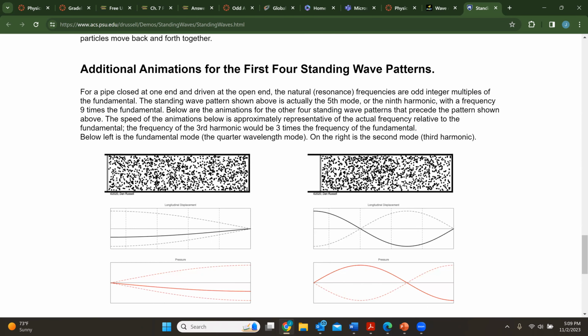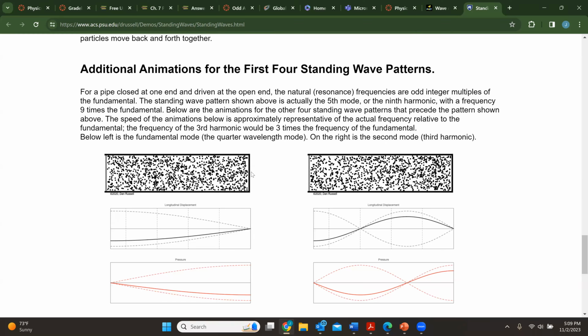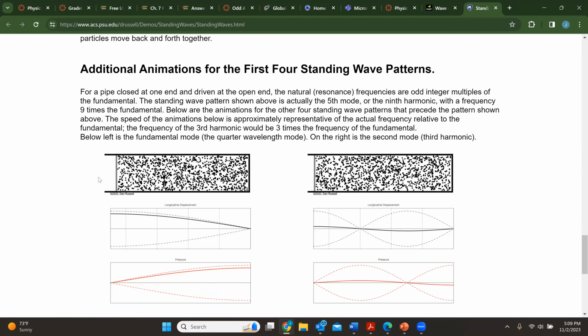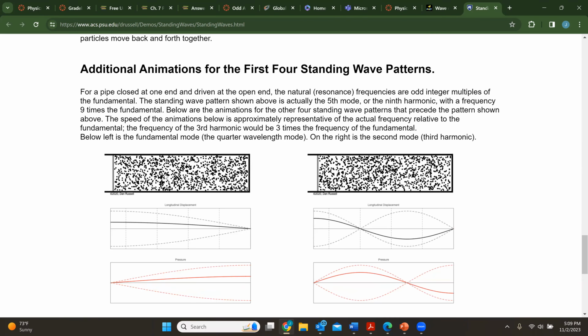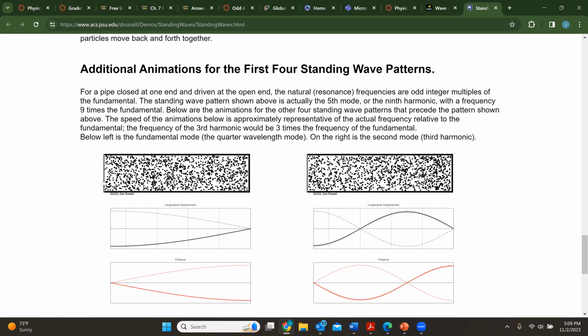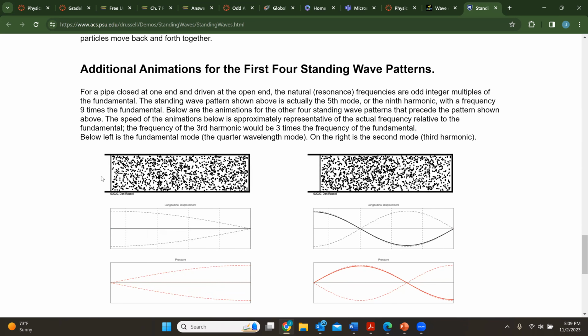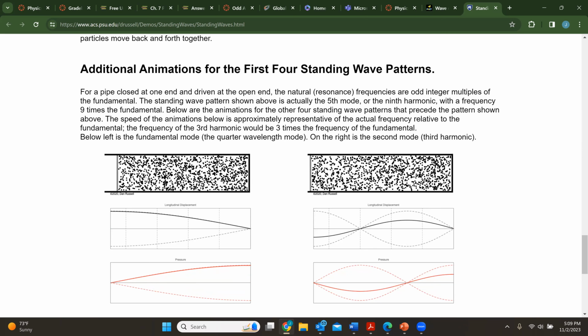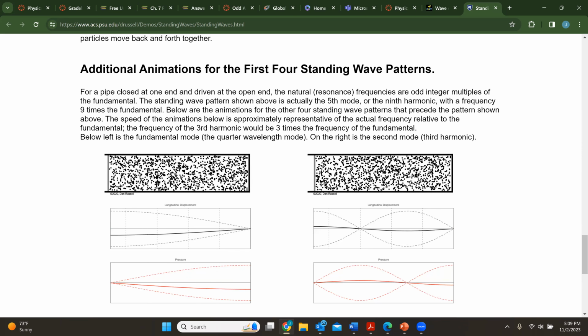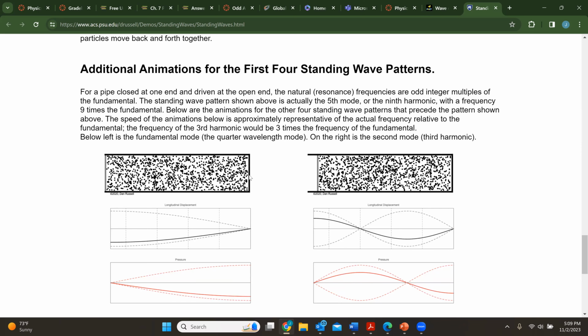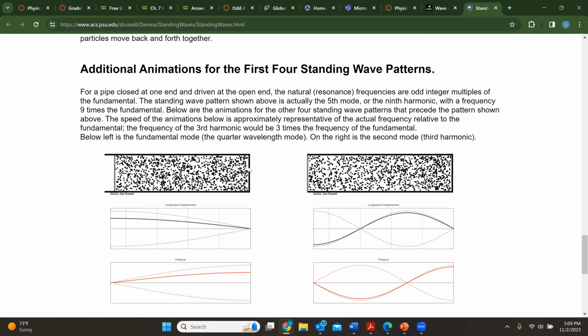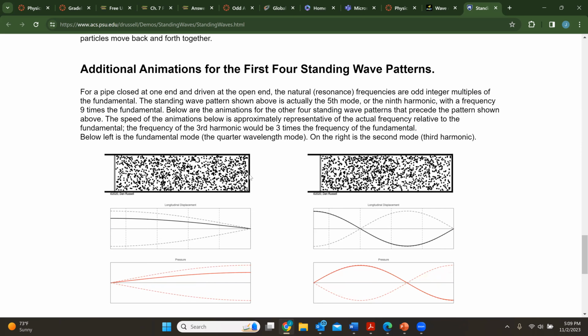You can have an n equals 1 standing wave right here, where you've just got everything moving overall. At the end, you got maximal displacement of the air molecules, and as you go inward, it gets smaller and smaller until you're at the very end where we've got it capped off, it's the closed end.